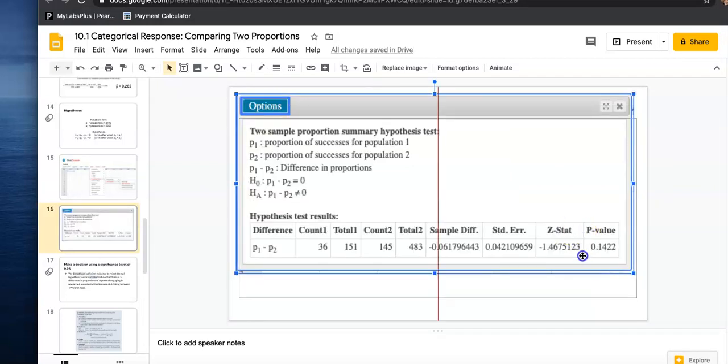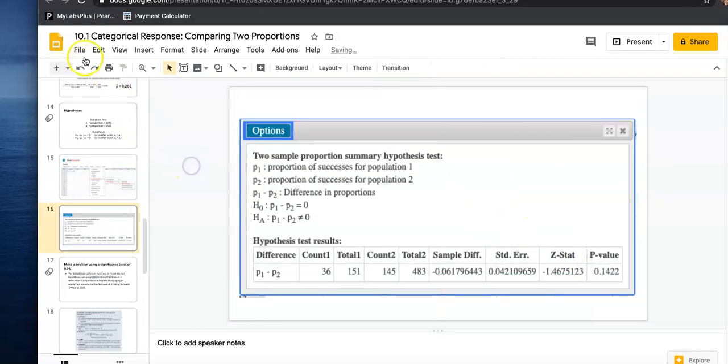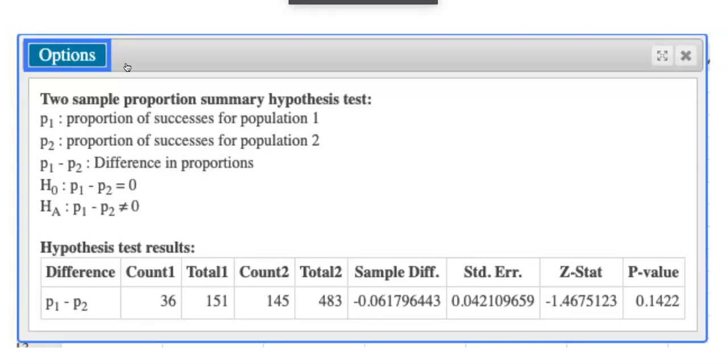So here we go. Let's talk about this now. Two sample proportion summary, hypothesis test. 1, 2, 3, 4. Notice these 4 are the numbers we gave them, right? It reported back the sample difference, standard error, and z-stat and p-value.